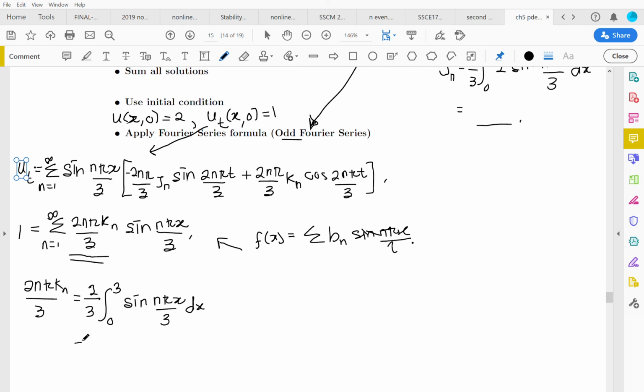The answer that you get here consists of all these, but what we need is only Kn. So you need to find Kn equal to the answer that you get here. You have to divide by this coefficient. So the answer here is 3 over 2n pi multiplied with the answer that you get in this bracket.